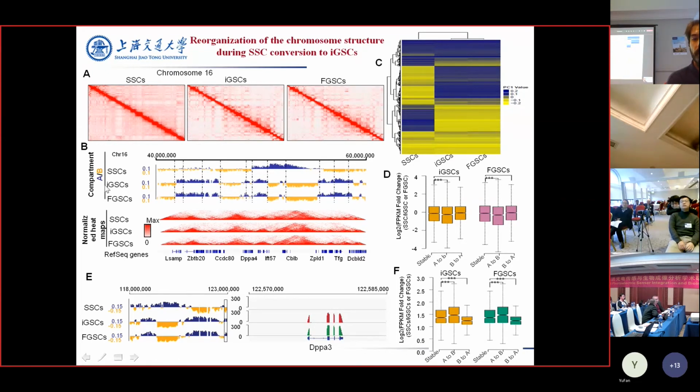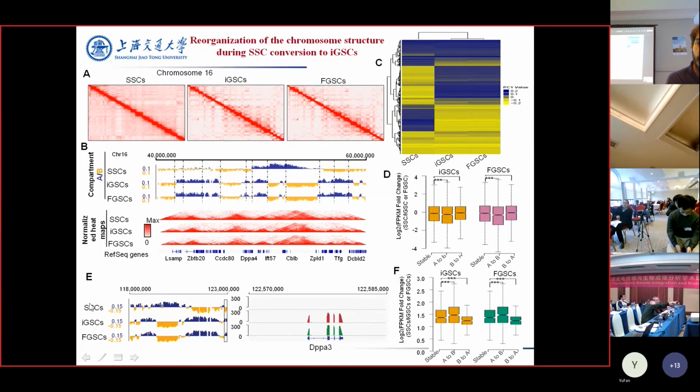We can see IGSC is closer to FGSC in compartment A or B, and IGSC and FGSC are in the same cluster, while SSC is different and not in the cluster.